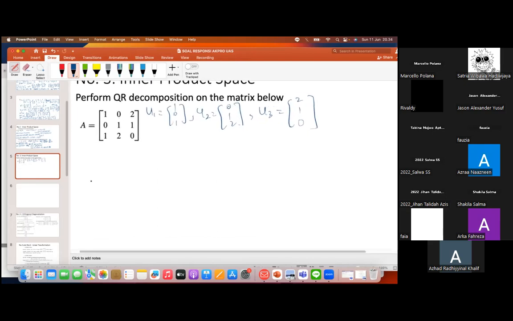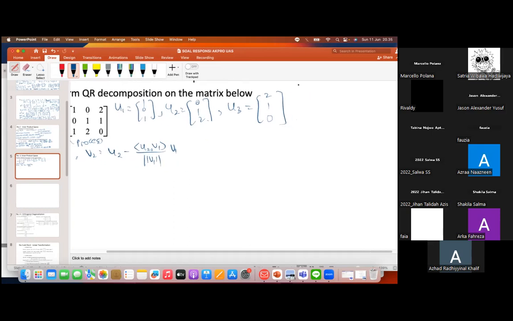And then the first thing we do is to perform the Gram process. So for the Gram process, v1 is equivalent to u1, and v2 is equivalent to u2 minus <u2,v1> divided by the length of v1 squared times v1.